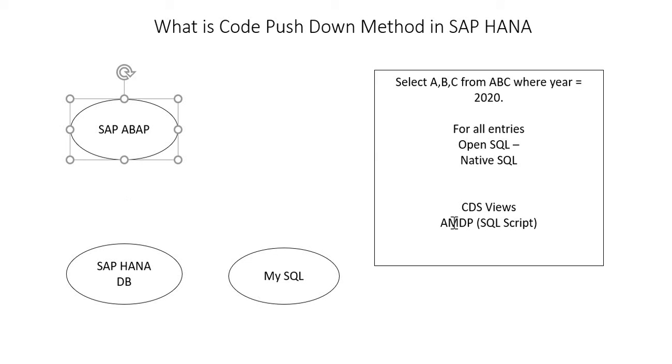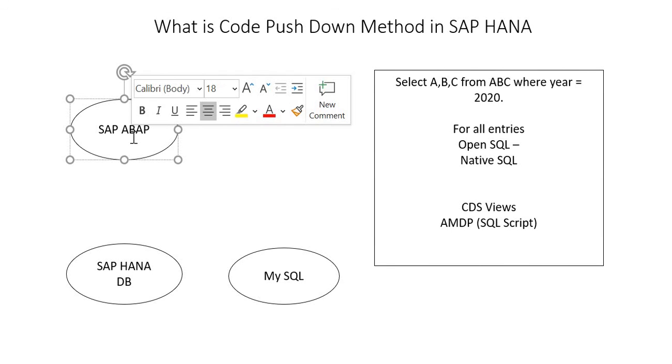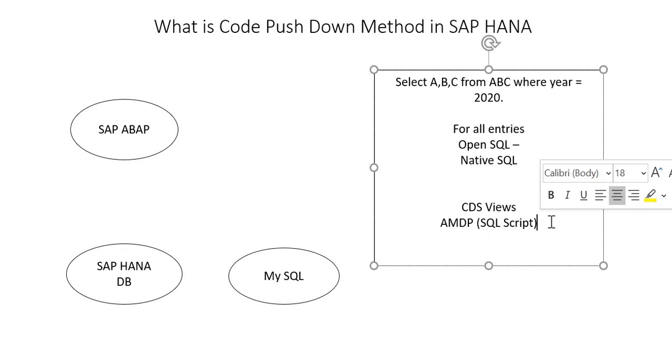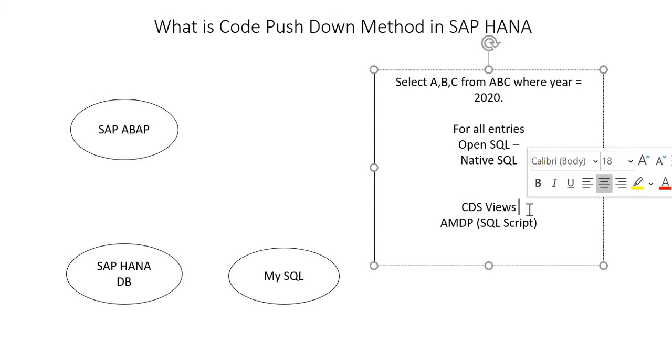So all the calculations will be done in the HANA system, and just the result will be fetched into your ABAP system. That's the way you can optimize your code. So that's why AMDP is more favorable, and yes, no doubt CDS view is also favorable since it is widely used in S4 HANA.